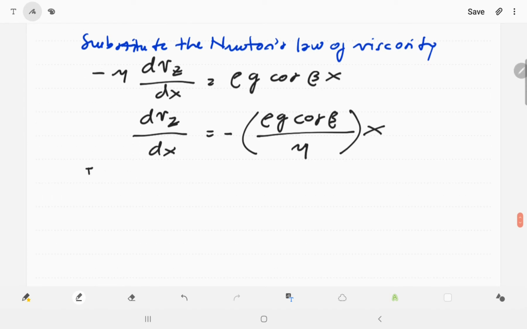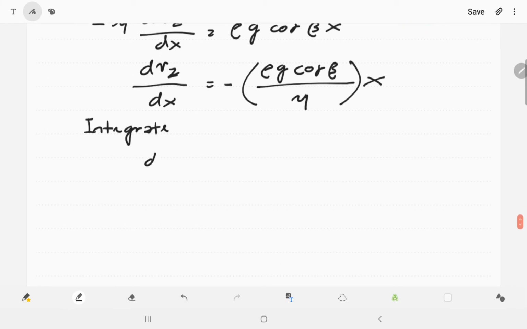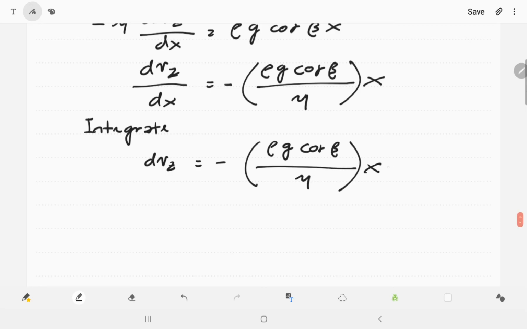Then we can integrate this. dVz is equal to minus rho g cos beta divided by mu x dx.